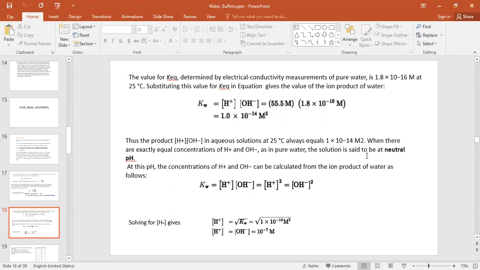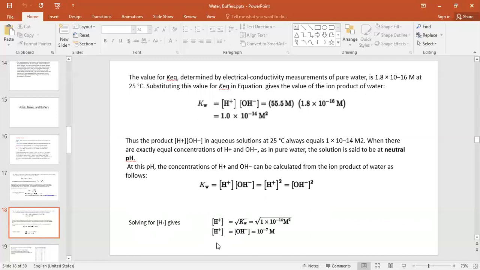The solution is said to be at neutral pH. So at this pH, the concentrations of hydrogen and OH can be calculated from the ion product of water, as here is shown. And solving this for hydrogen ions, we can calculate the concentration of hydrogen ion.